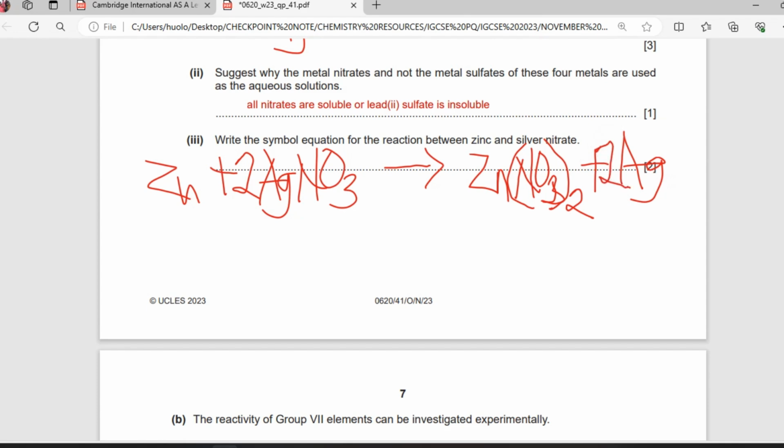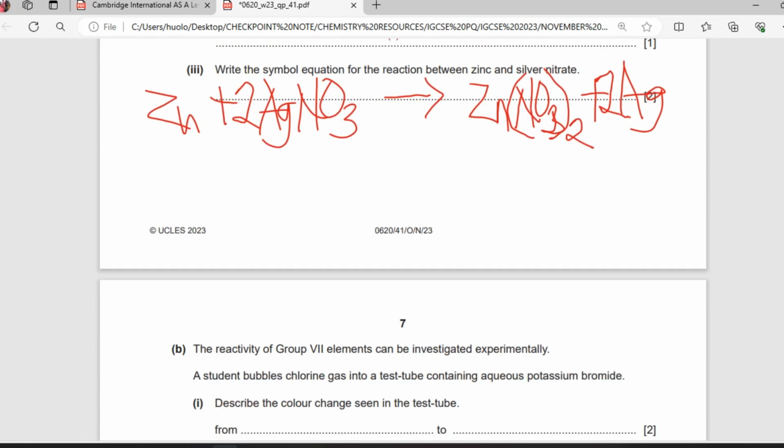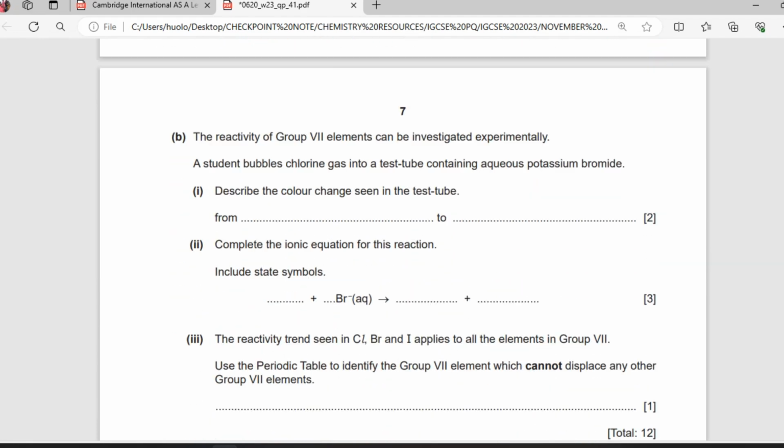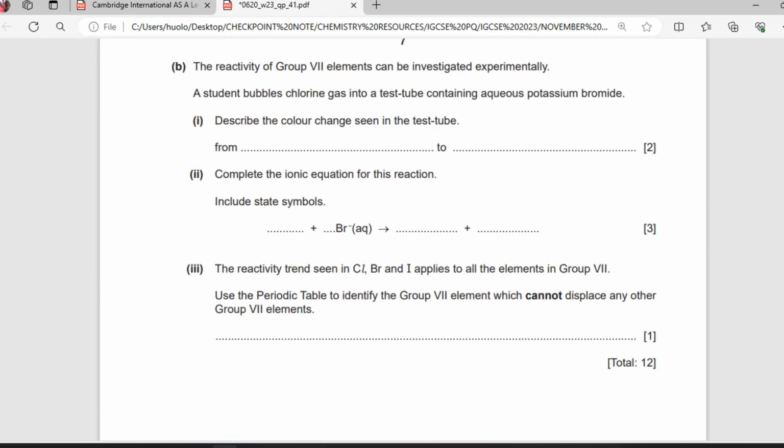I guess they are also testing your ability to write the formula for zinc nitrate. If you are able to write the equation correctly, 1 mark. You are able to balance the equation, 1 mark. That gives you your 2 marks. Okay, so we are making progress, we are doing great. So let's move on to the B part.